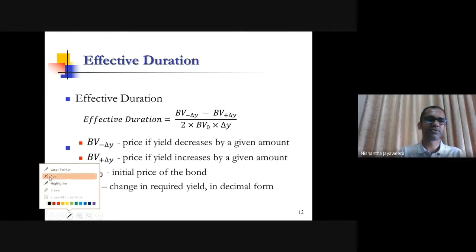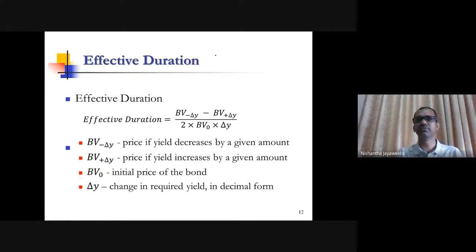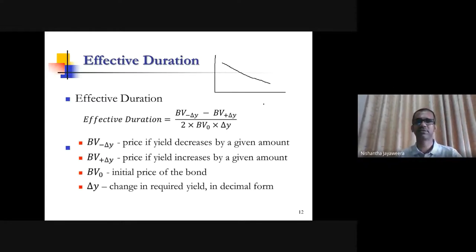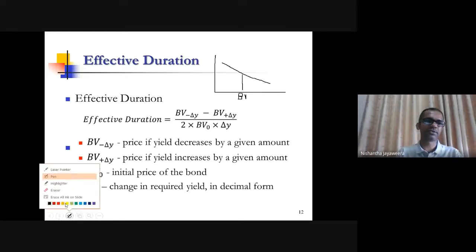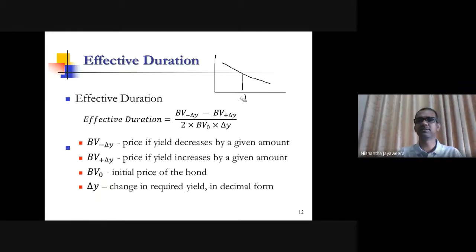If I draw a small graph here: duration is a straight line. If you use the duration to calculate the price, it would be on a straight line. What is on the x-axis?